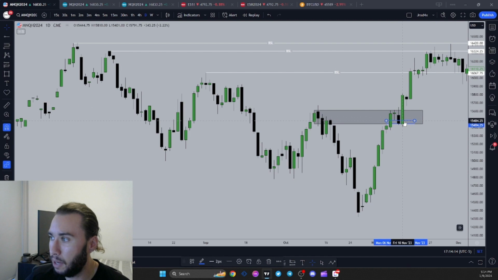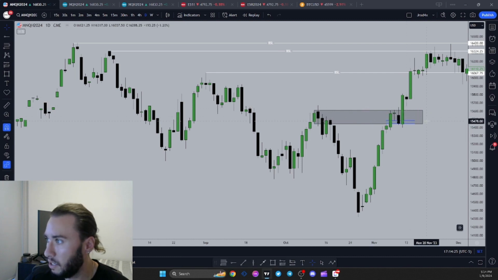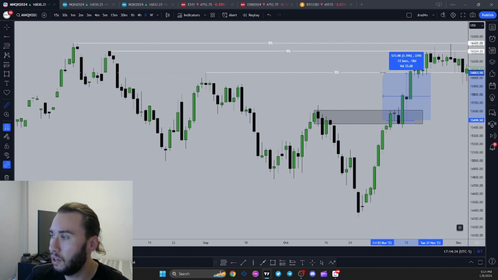Now, if we map out the actual execution entry level, which would have been here at 16,490 roughly, and then we measure how far this is to first target, we would be at 573 handles.